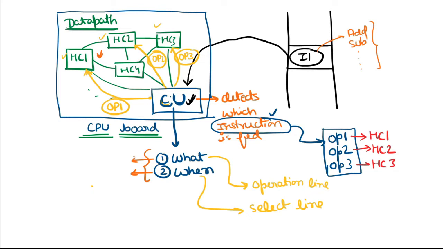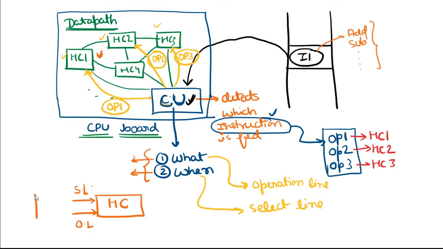Yes. So let's again select one pen. So this is a hardware component, and each hardware component is connected to two lines, which are the select line and the operation line.